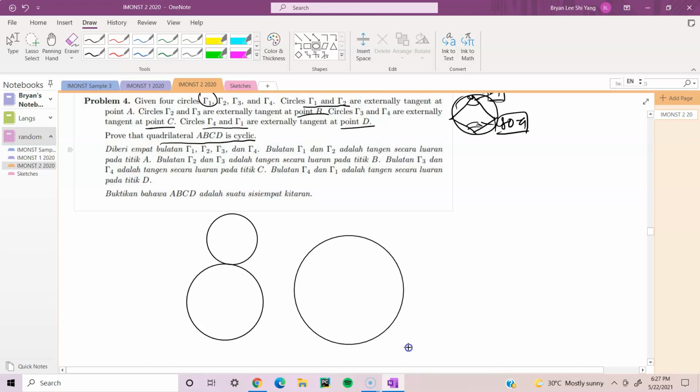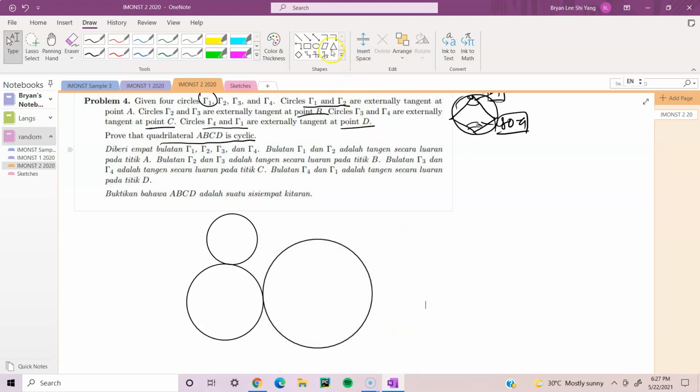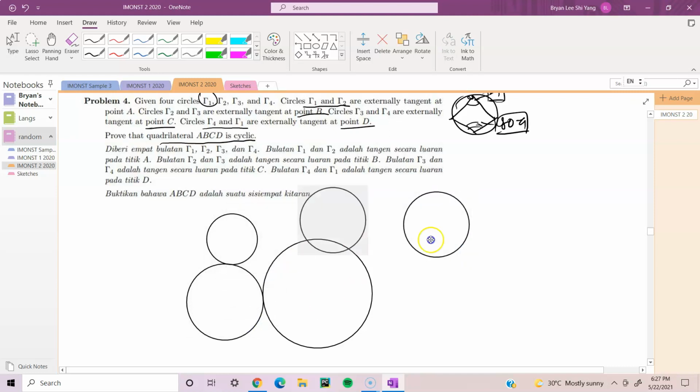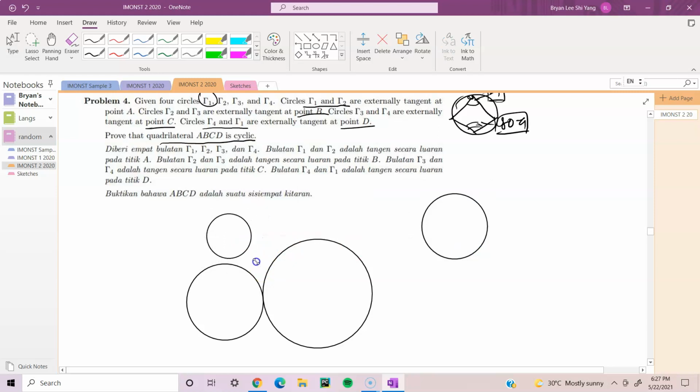I don't know how big it has to be, so it's okay. Then the last one would be something like this, this size. This one could be a bit smaller. I just want the difference in the sizes of the circles to be more obvious.